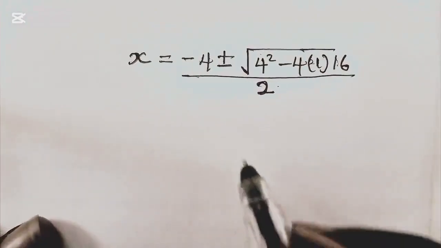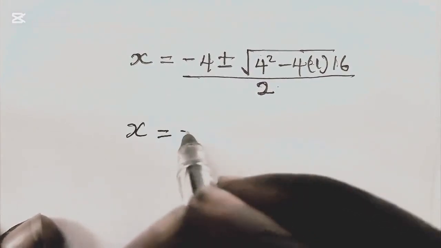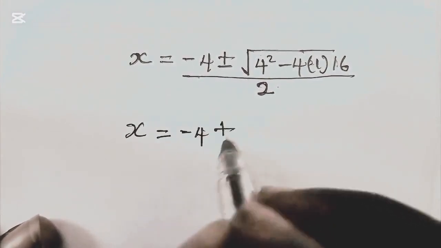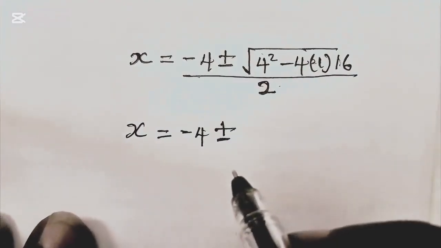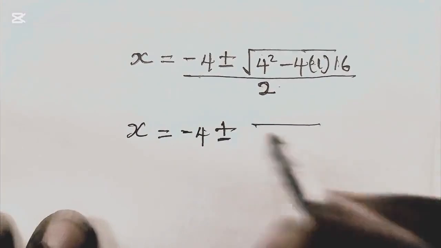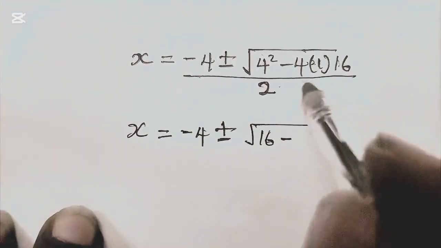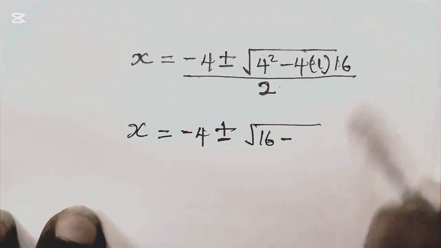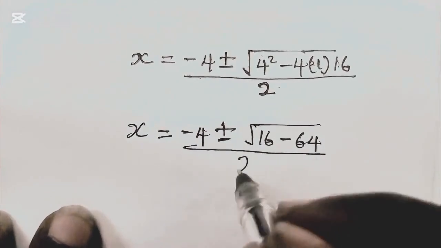So from here now, we can say our x is equal to minus 4 plus or minus square root of 16 minus 4 times 1, 4 times 16, that's 64, divided by 2.